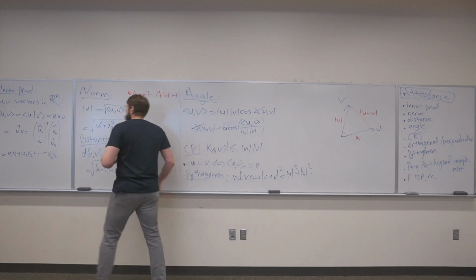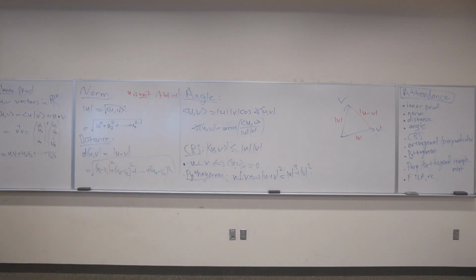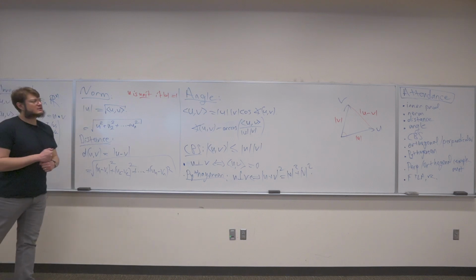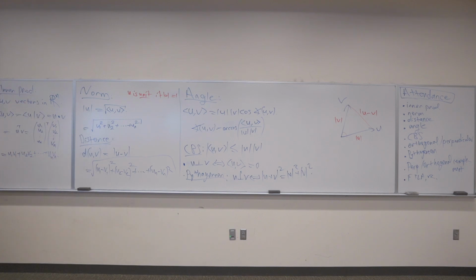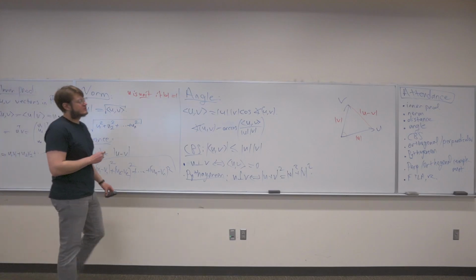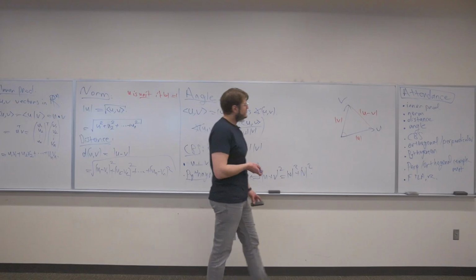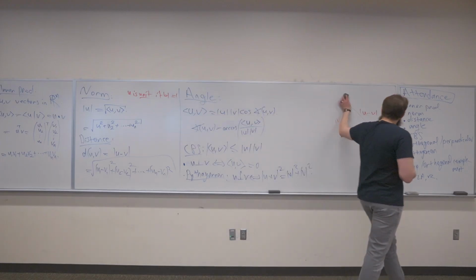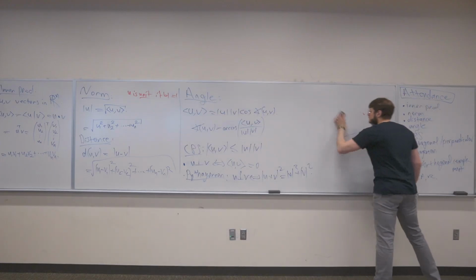Okay, that's the definition of a unit vector. And then I took another unit vector, which I called v, and I said, say the angle between these two vectors is 30 degrees. And the point of the example was to compute the distance between them.